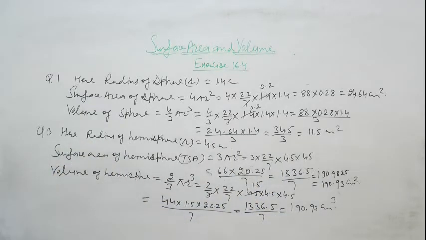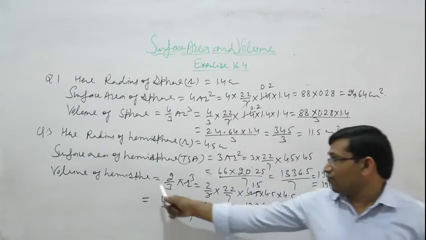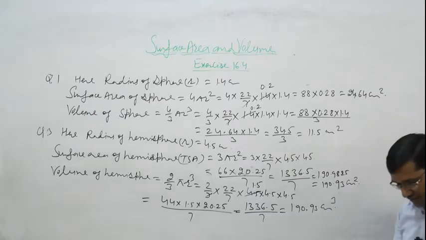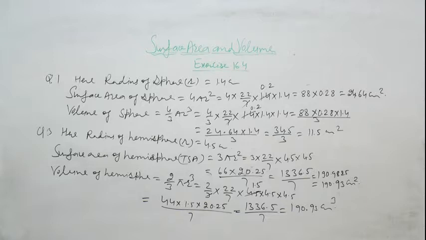So in this question, the surface area of the hemisphere and the volume of the hemisphere are both the same, that is 190.93.